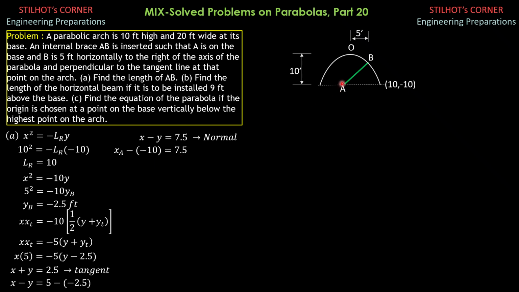Take note that the y coordinate of A is negative 10, just like this. So xA is 7.5 minus 10, so that's negative 2.5.